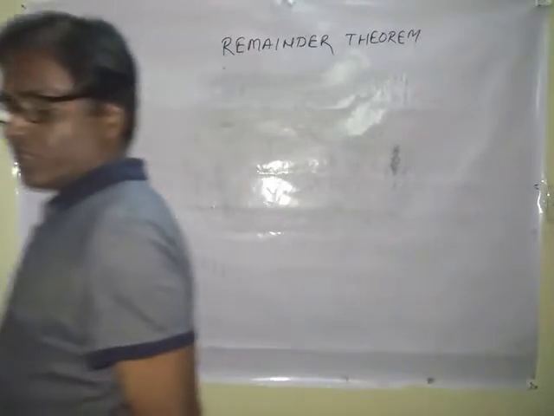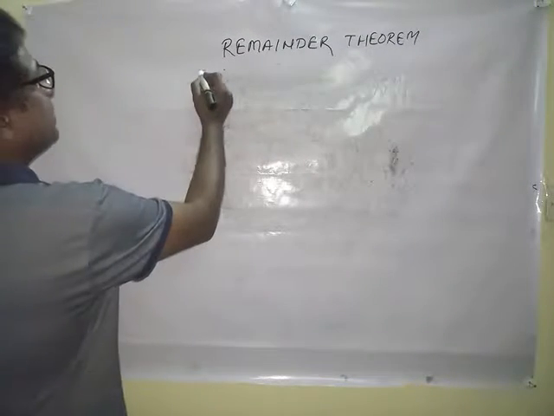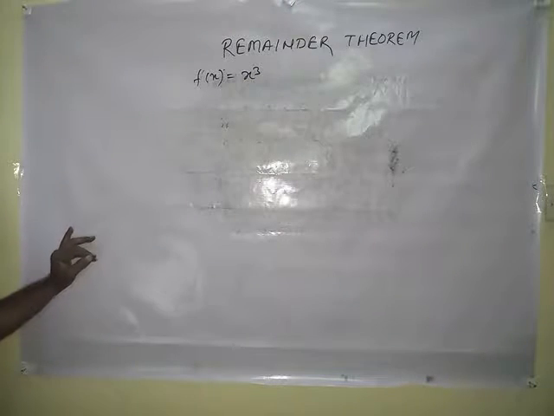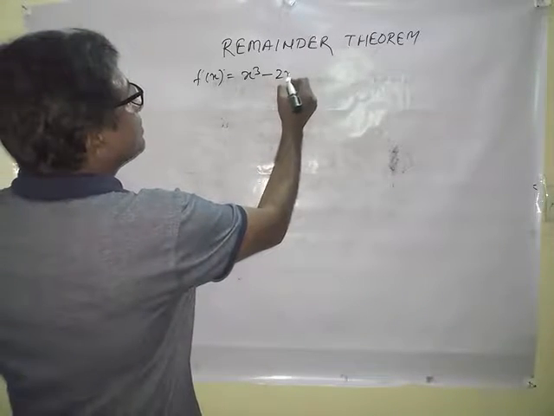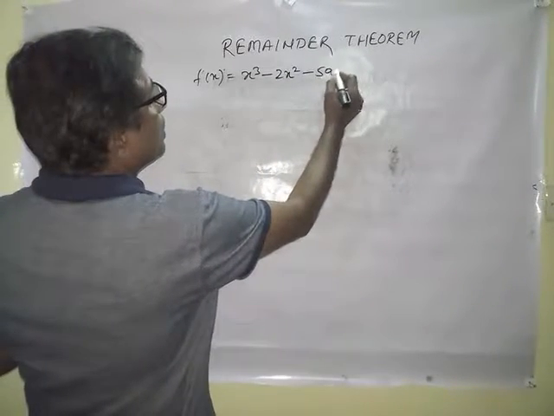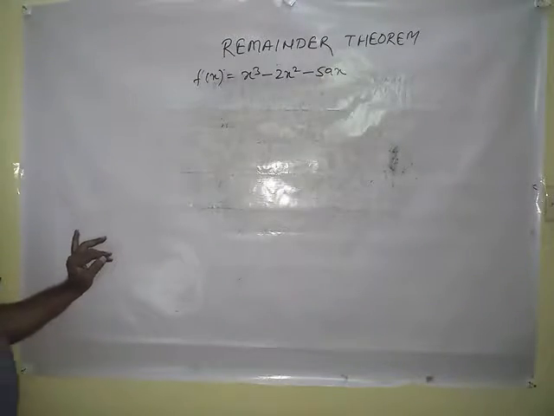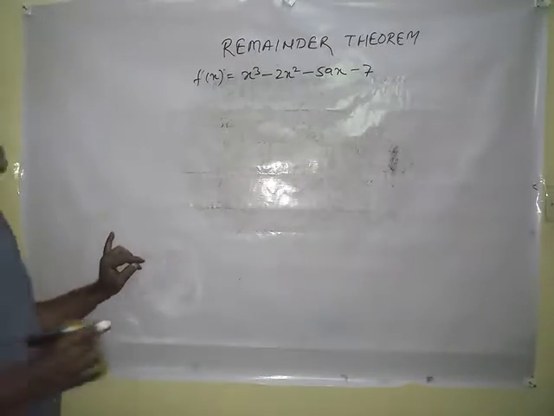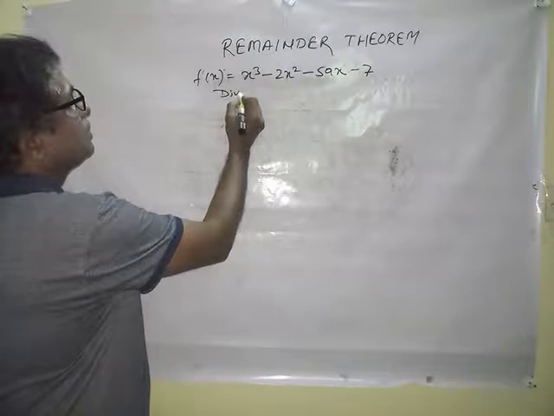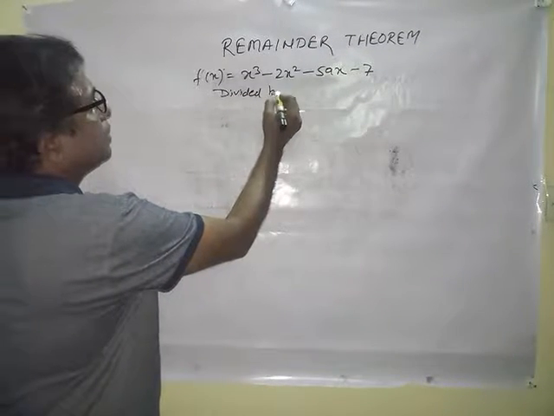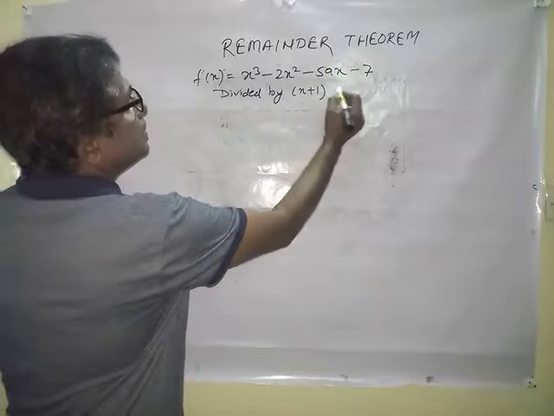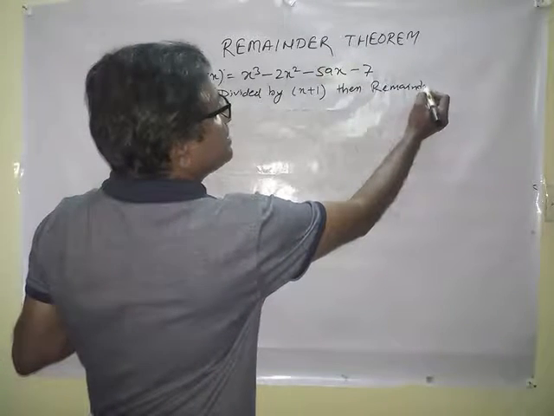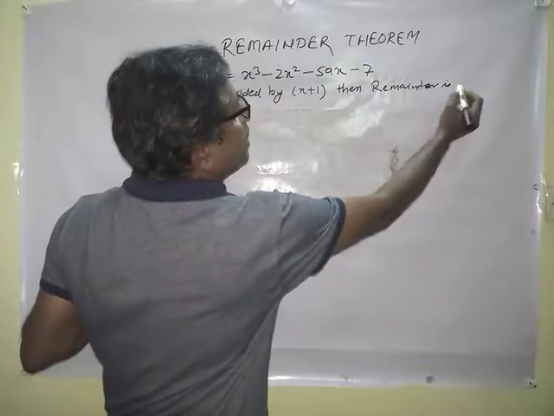Let us see another twist in the problem. Like say one polynomial equation f(x) is given, x cube plus 2x square minus 5x minus 7, is divided by x plus 1, then remainder is r1.